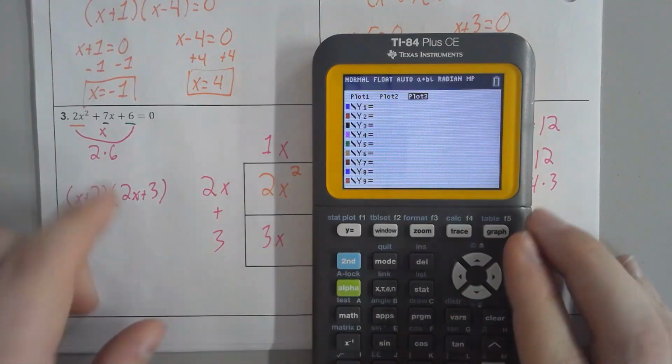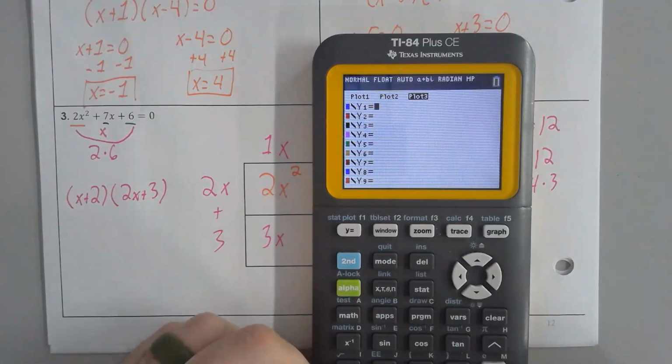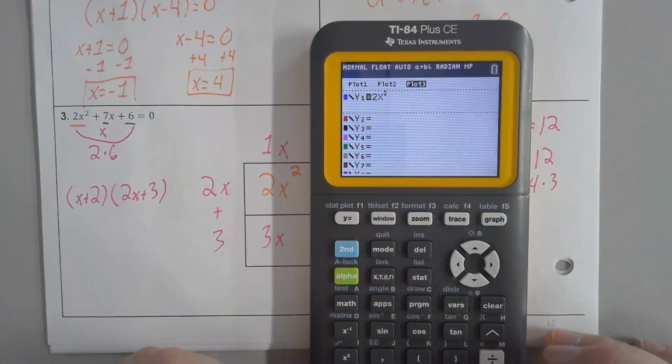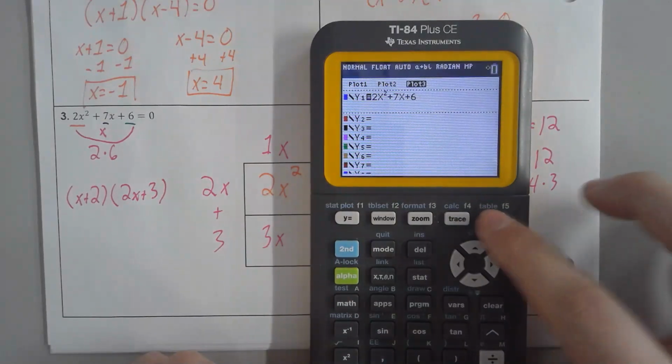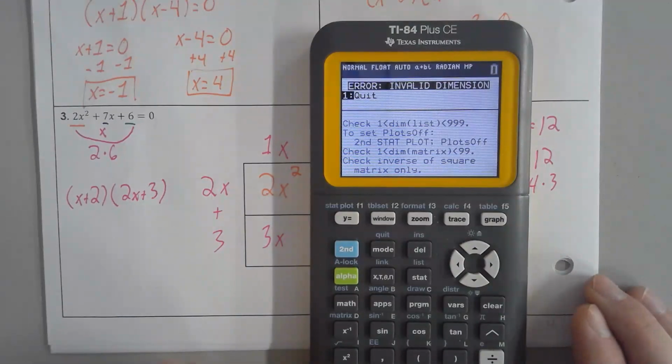if you type in the original function up here, so 2x squared plus 7x plus 6. You need to turn off your plot 3.